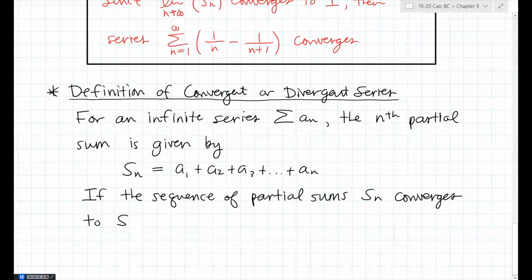To some sum, right? So if it converges to a number, an actual value, then the series, the sum of a sub n, converges.